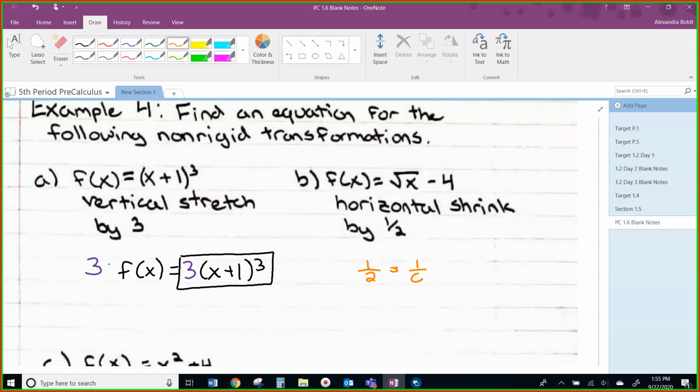When you have two fractions, the easiest way is just to cross multiply. 1 times c is c. 2 times 1 is 2. So my c value is actually 2.